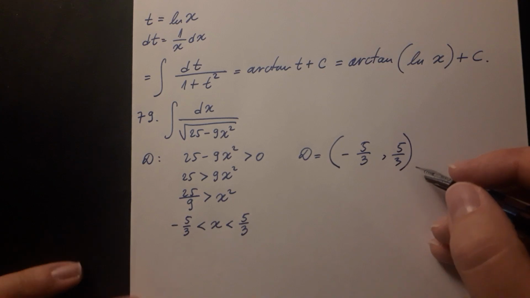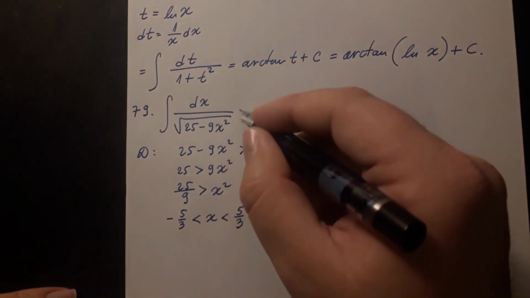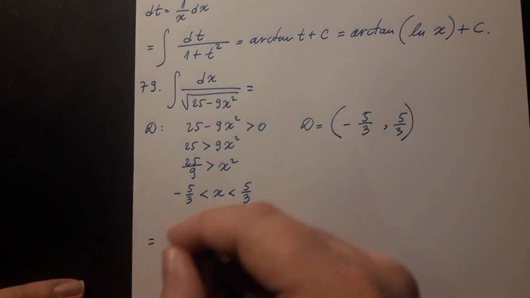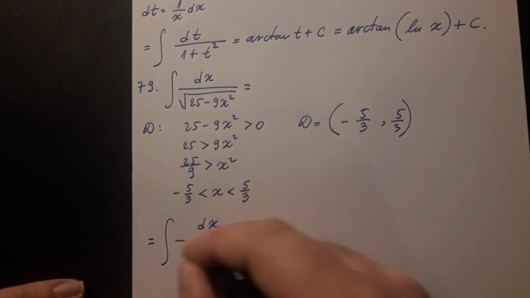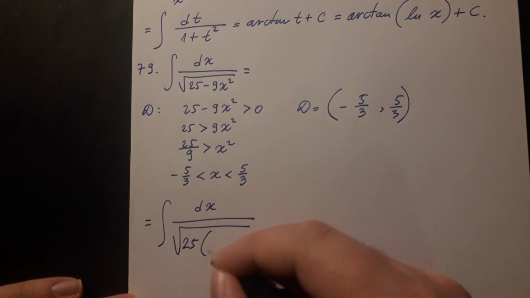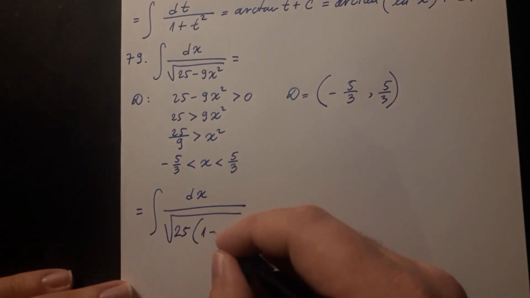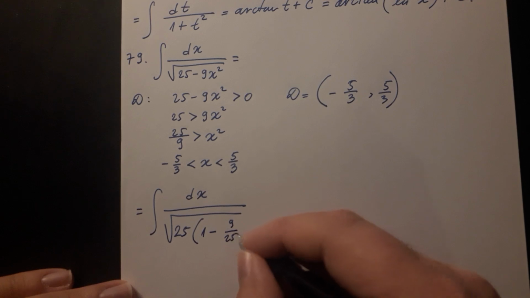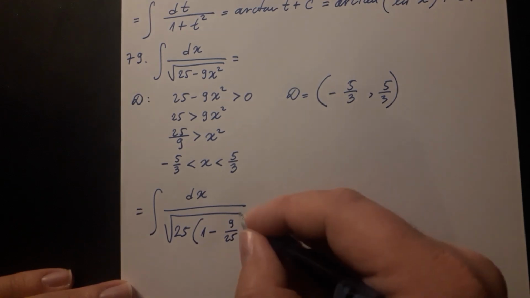This integral can be written as an integral of dx over a square root of 25, and in brackets we can write 1 minus 9 divided by 25 x squared.